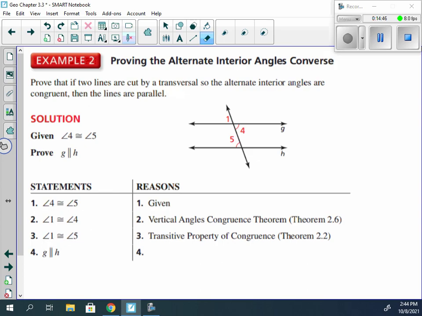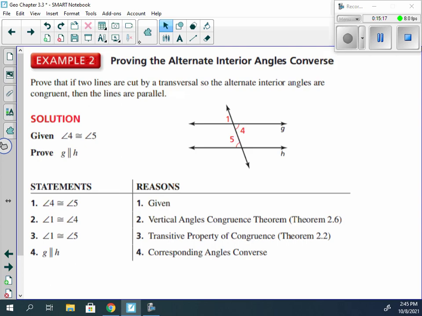Angle 1 is congruent to angle 5 because of our transitive property of congruency. Well, 1 and 5 are corresponding angles, aren't they? So we can say the lines are parallel by our corresponding angle converse.